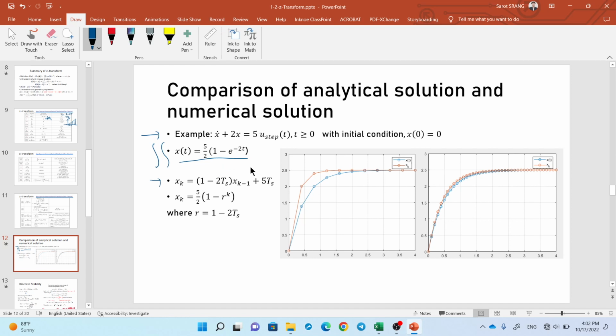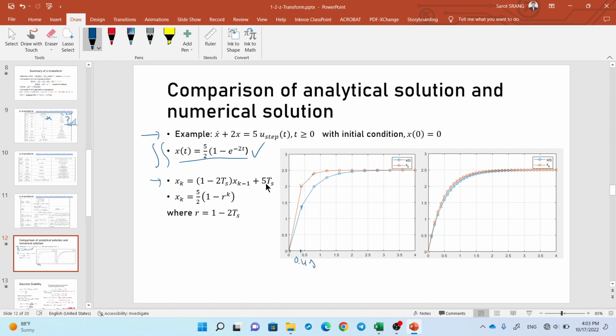For example, here, if you choose Ts to be 0.4 second, from here to here, you can see the difference between these two curves, where the blue one is the analytical solution, the true solution, and this is the solution from the approximate equation.